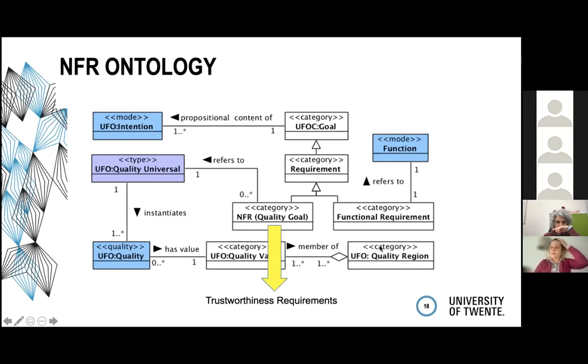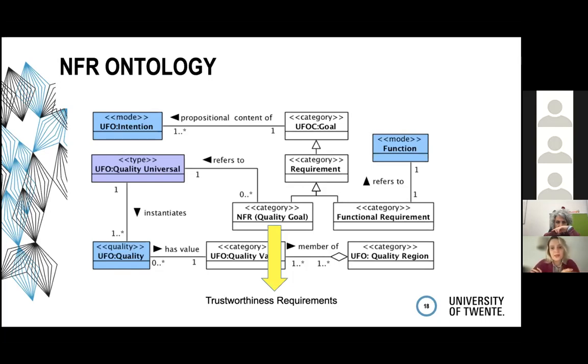So if we talk about quality region, just to give you an example so that you understand very easily, when we talk about color, there are different regions where you can see different scales, RGB, for instance, or some other color scale, and there is a region in that space that belongs to red or belongs to blue, right?